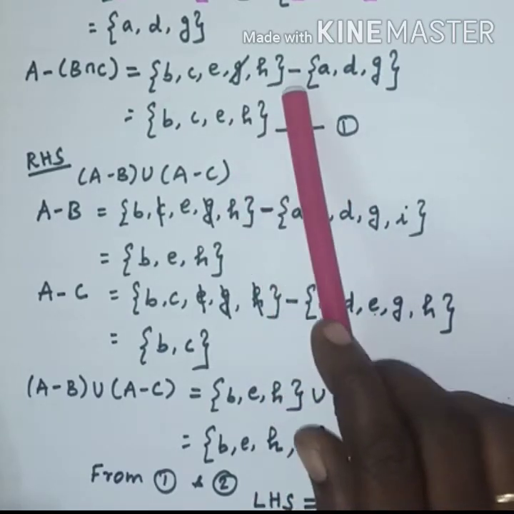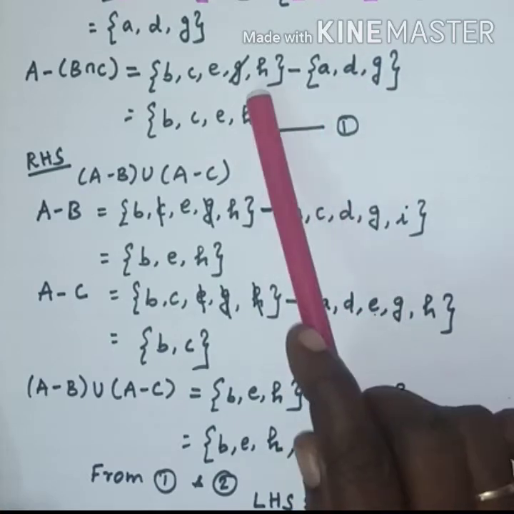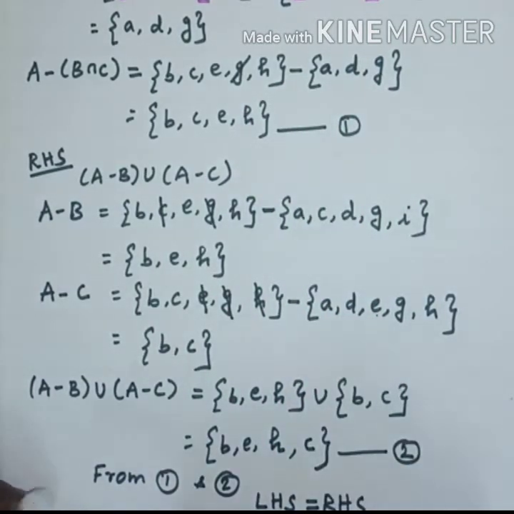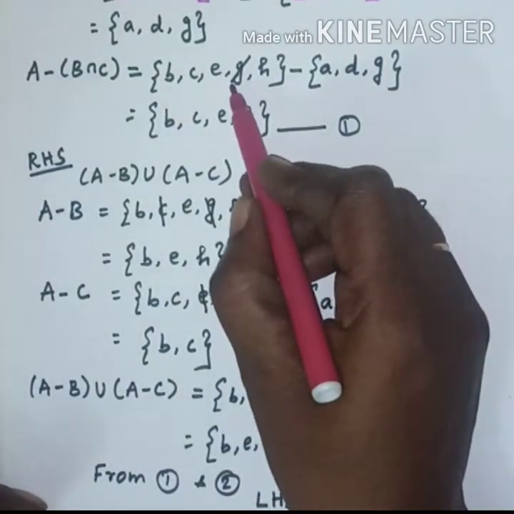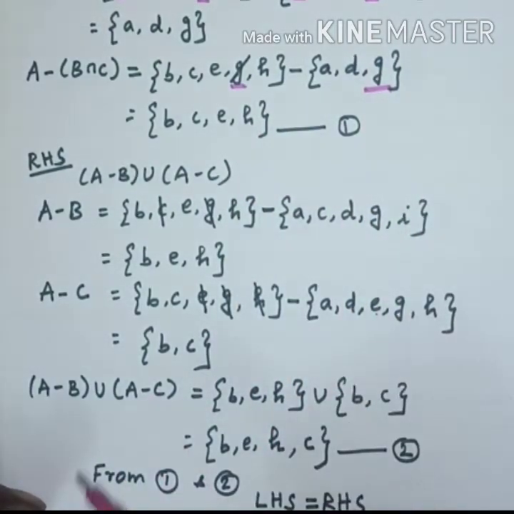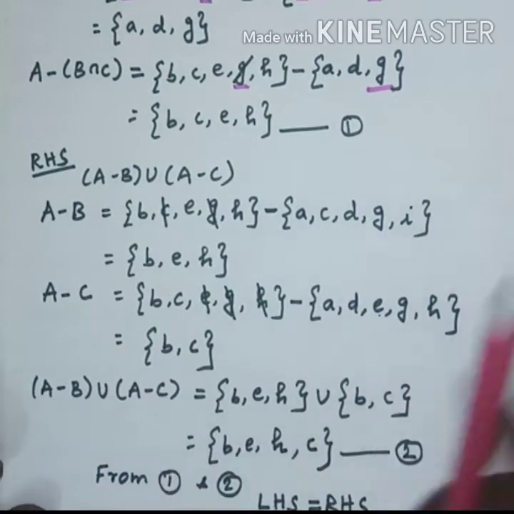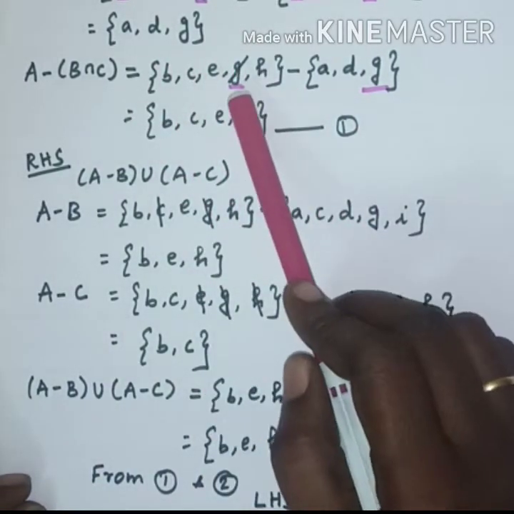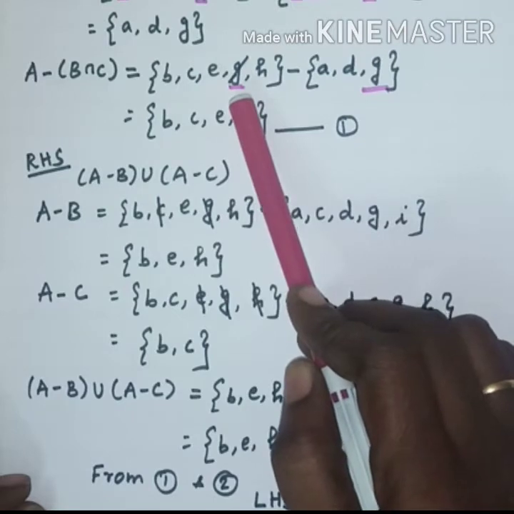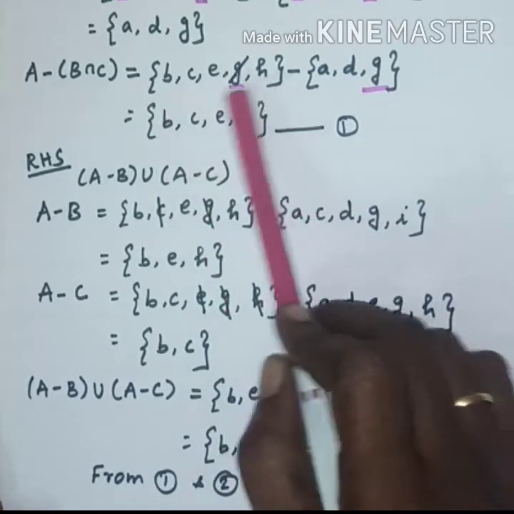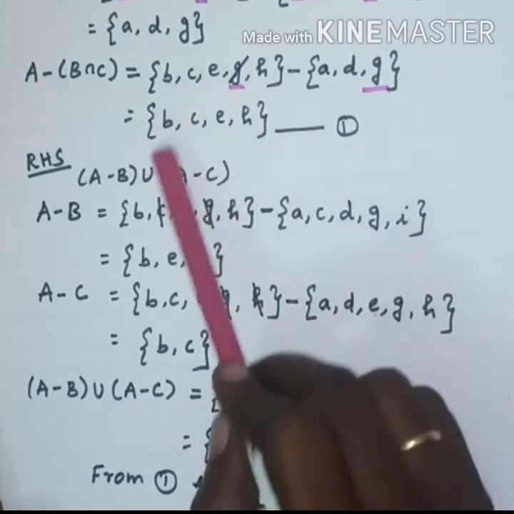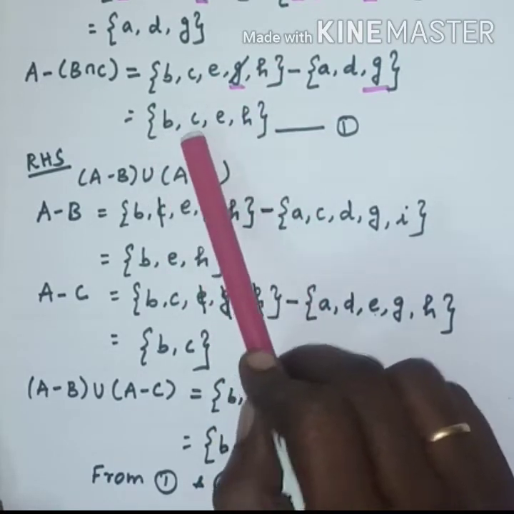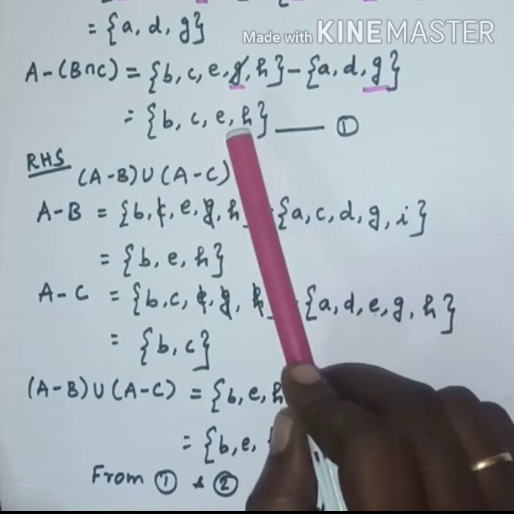When the difference symbol is given in between the sets, you have to find the common element in both the sets. G is the common element, so remove that element G from the first set. Then write the remaining elements. What are the remaining elements? B, C, E, H. These are the remaining elements from the first set and this is the answer.